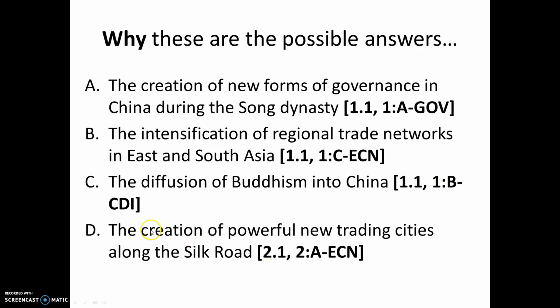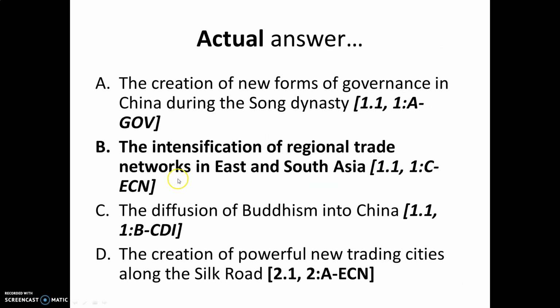And then seems like maybe a bit of an outlier here. 2.1, the Silk Roads, first objective. All of these are found within the historical developments of the concept outline. Your task will simply be to have knowledge of that outline, knowledge of the content, and skill application to be able to apply the correct response.